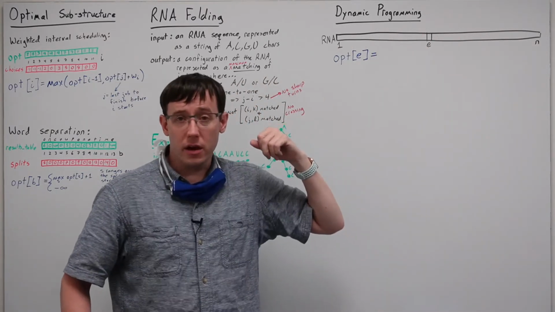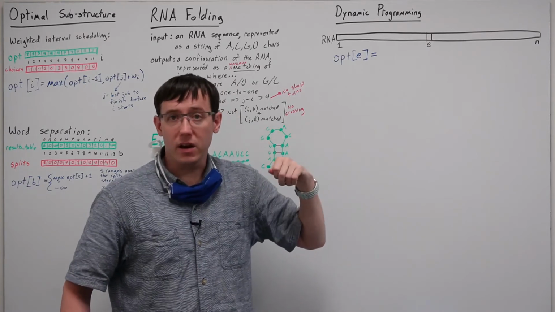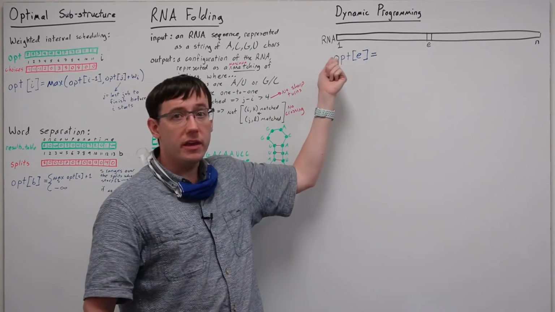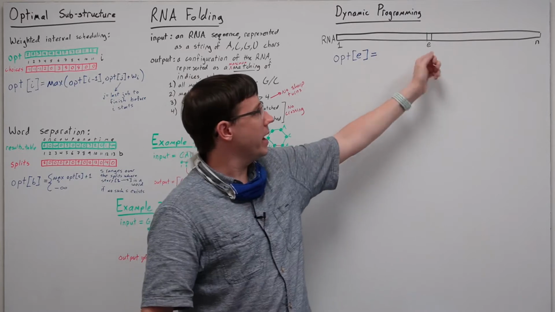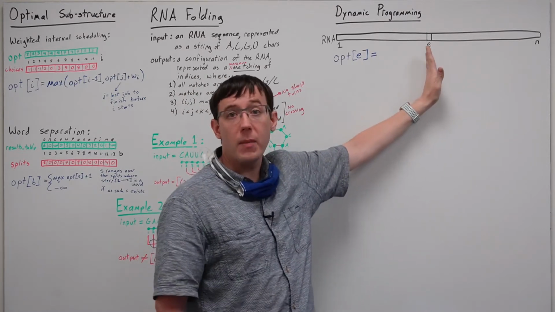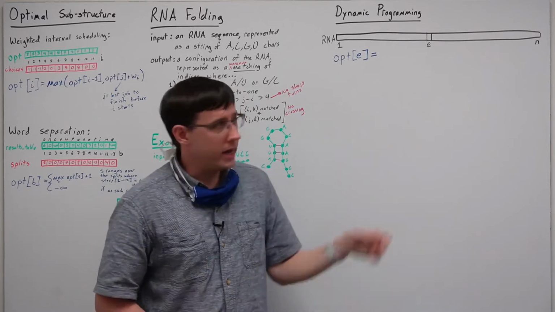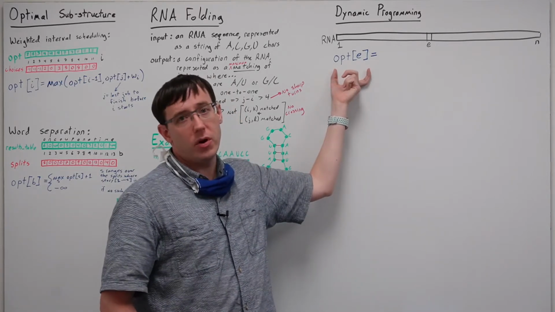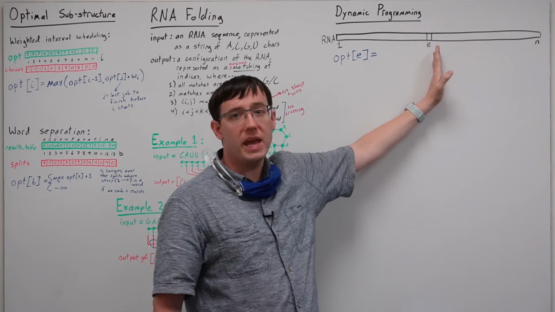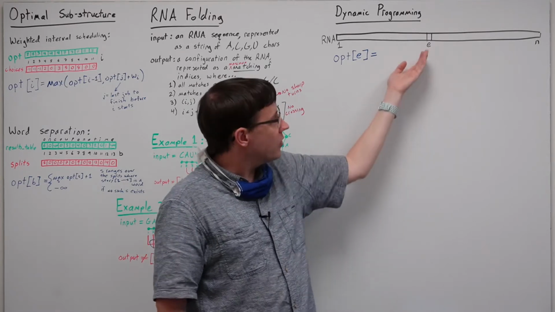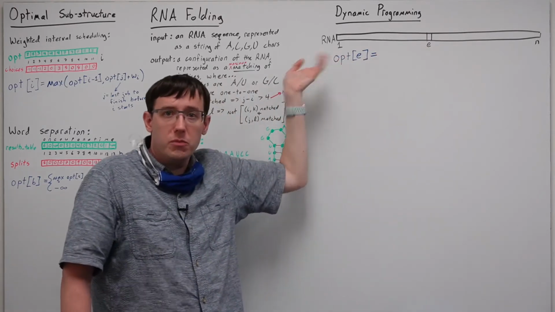But we can think of subproblems where we solve the maximum number of pairs up through some endpoint e. So let's try to define the optimal number of pairs up through some endpoint e in terms of smaller subproblems.